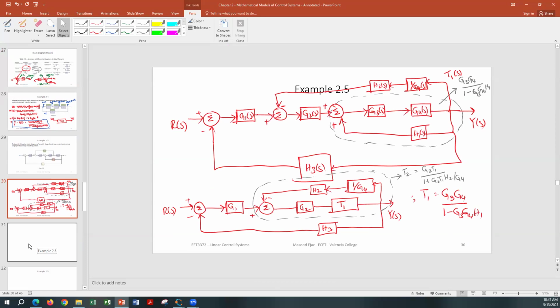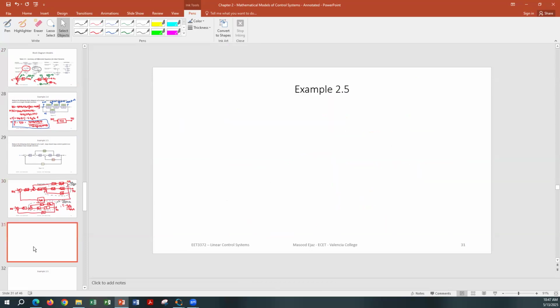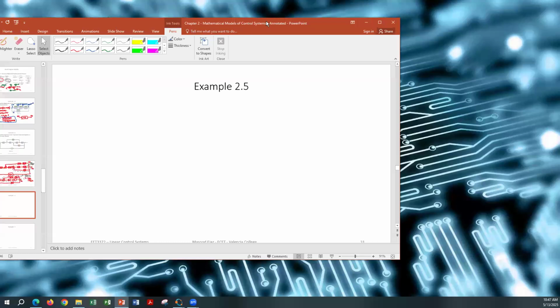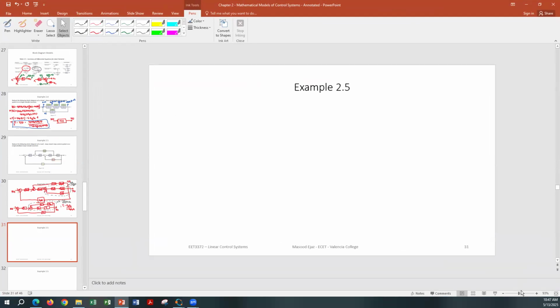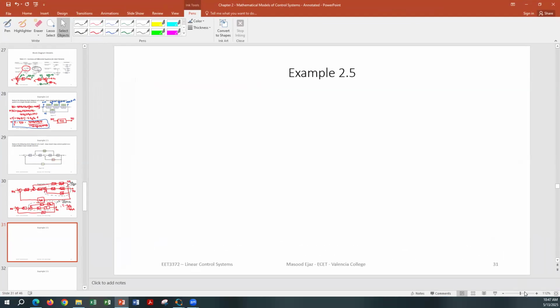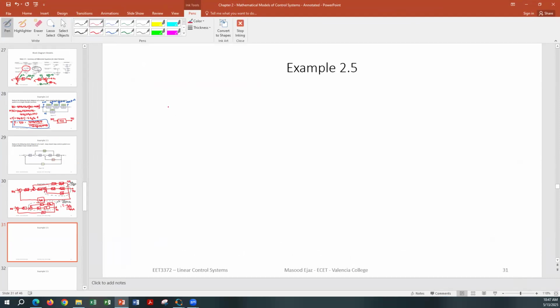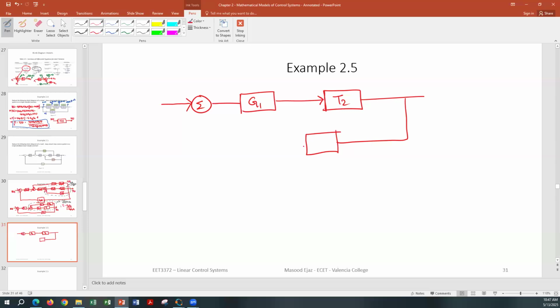So I'll have G1, T2, and then H3, three things.